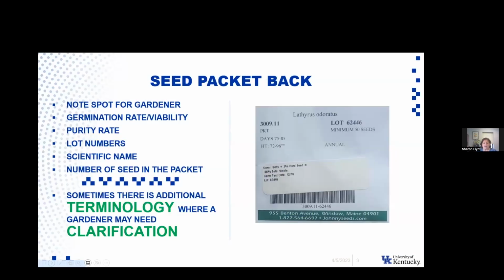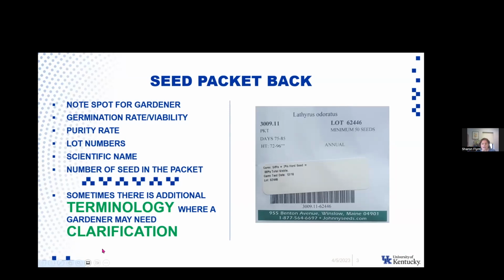Also on the backs, it just depends on the company that is selling the seeds. You may find some that have notes for the gardener. Of course, the germination rate and viability tells you how likely it is that your plants will germinate.